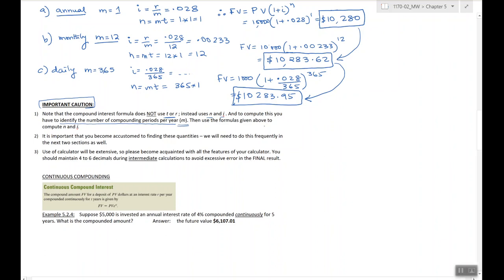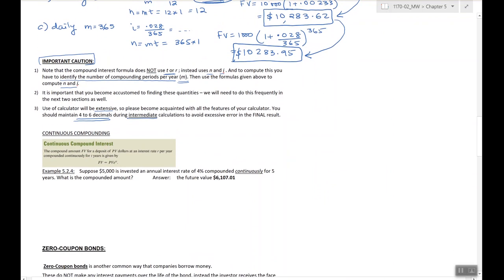Then use the formulas given above to compute N and I. Now, use of the calculator will be extensive, so please become acquainted with all the features of your calculator, and you should maintain 4 to 6 decimals during intermediate calculations to avoid errors in the final result. For example, here when we were finding I, we should keep at least 4 to 6 decimals. Here I kept 5 decimals, so you have to be careful about it.